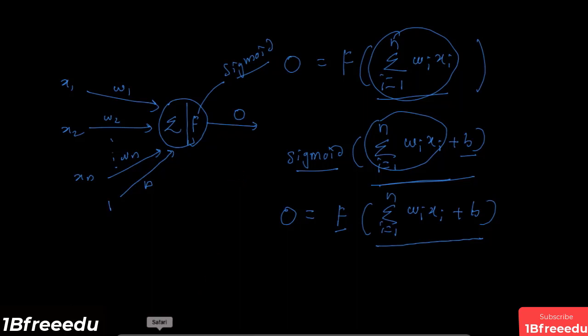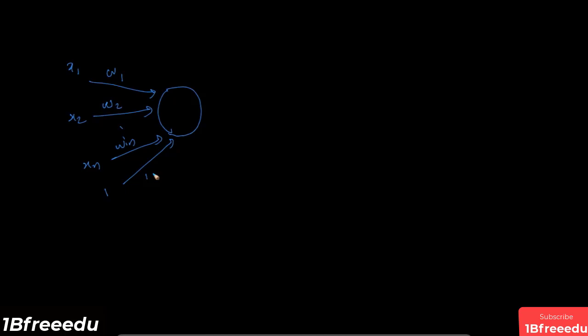Now let us see what a perceptron is. A perceptron is the simplest neuron model. Let's say this is the neuron model, again with n inputs, and this is 1 and b.